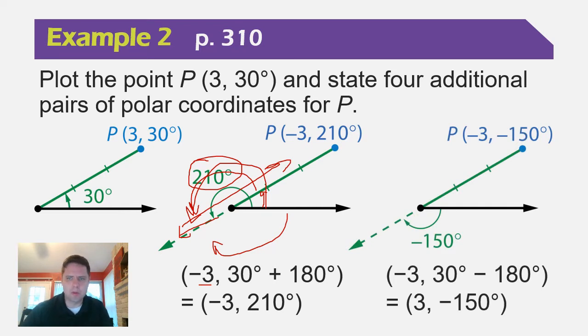In this direction, going from the x equals 0 line, we would get negative 150. Again, if this is 30, then it has to be 180 to make a straight line there, so this must be negative 150. And then again, instead of positive 3, we'll do negative 3, which makes it up at that same point. So that's 4 different ways to represent the exact same point on the polar plane.